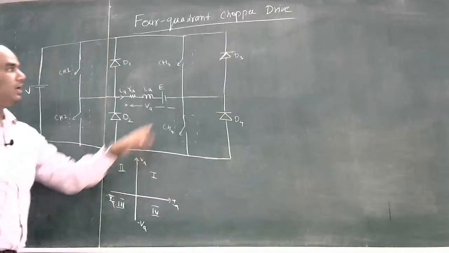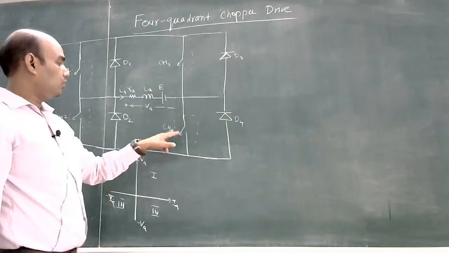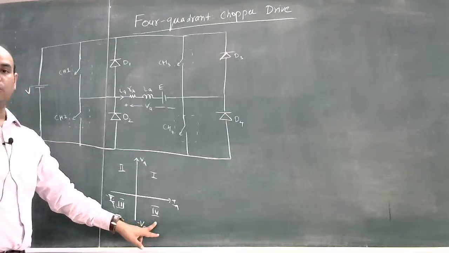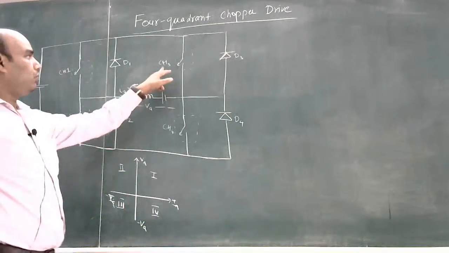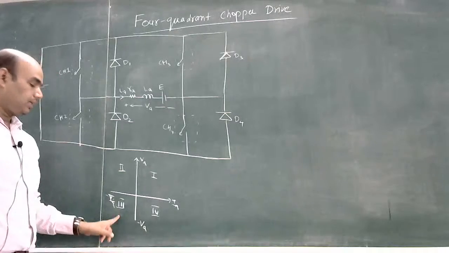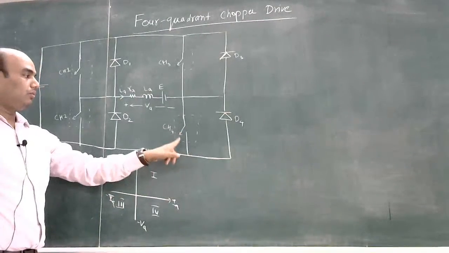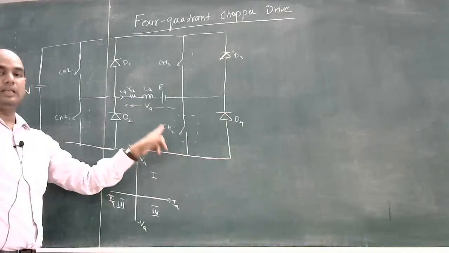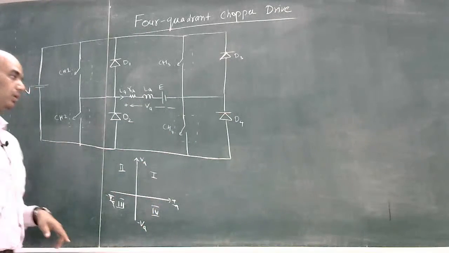Switch 3 and switch 4 will operate in quadrant 3 and quadrant 4 respectively. Switch 3 will operate in the third quadrant, that is reverse motoring, and switch 4 will operate in the fourth quadrant, that is reverse regenerative.